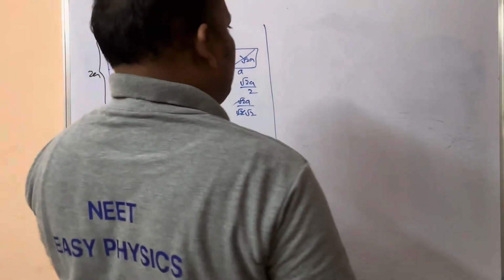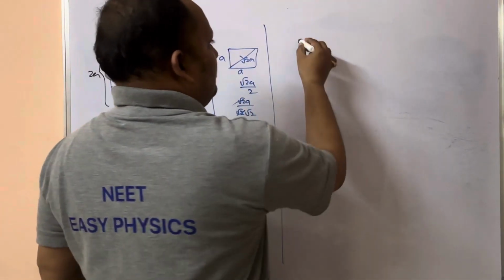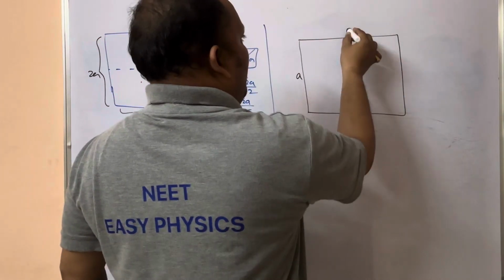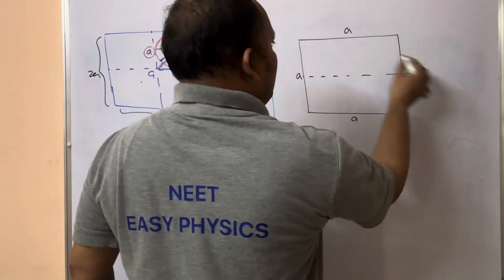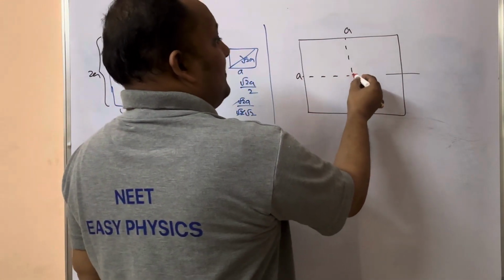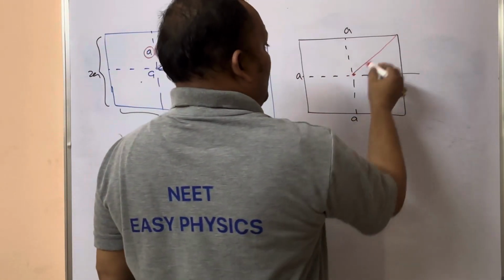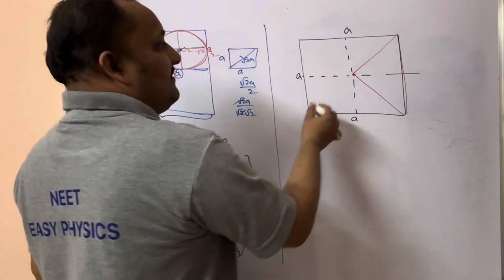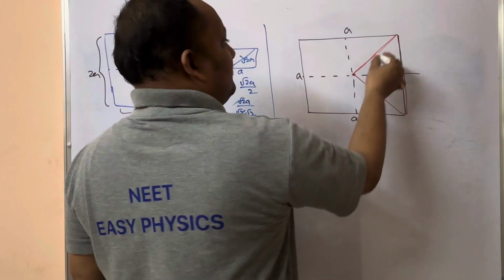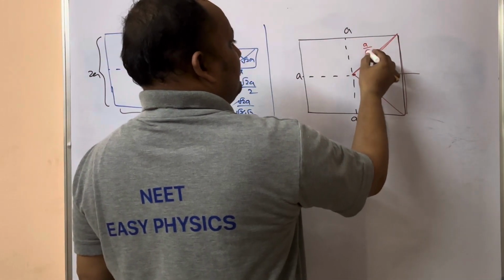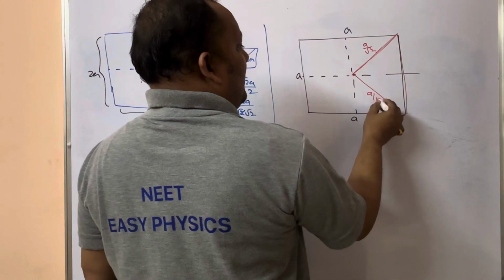Next, from the square portion of side a, where is the center of mass? At its center. They will remove one triangle like this. For the square portion, this is the diagonal root 2a, and this is going to be a by root 2, a by root 2.